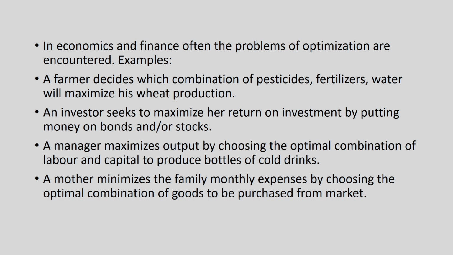Now, cold drinks could be produced by using labor and capital. So, the manager wants to maximize the output, let us suppose. Then what is the amount of labor and what is the amount of capital that he can use to maximize the output? Here it is possible that he has a fixed amount of money, so he cannot spend more than that. So, what is the combination and what are the amounts of labor and capital that he needs to apply?